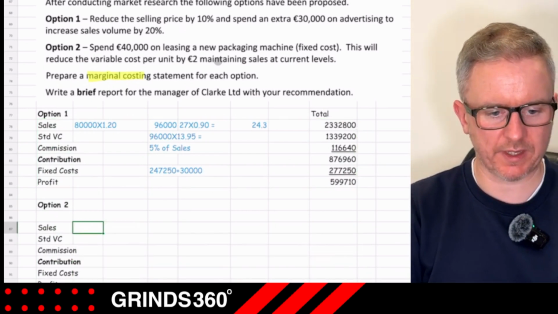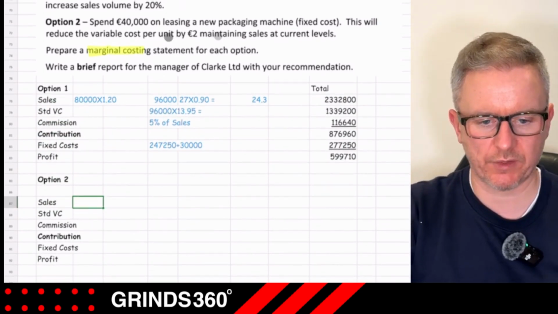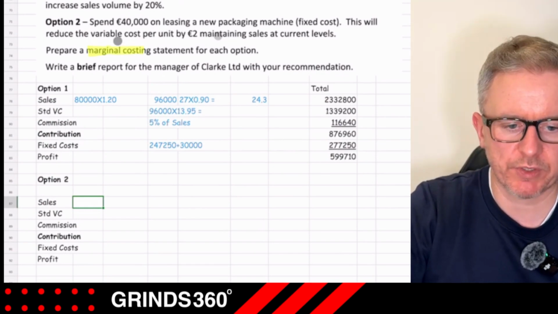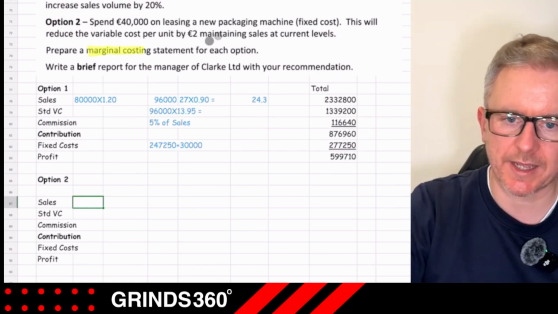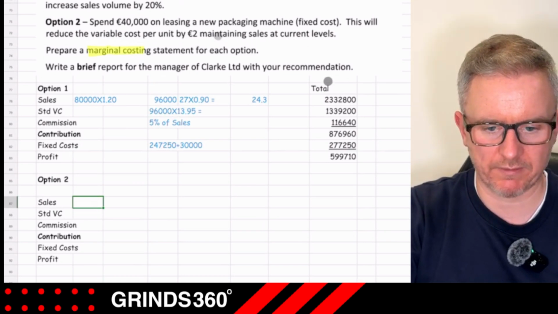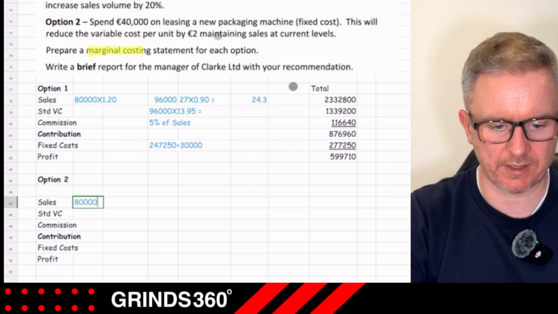So your sales, what's happening now? They're telling you to spend €40,000 on leasing a new packaging machine, so that's a fixed cost. This will reduce the variable cost per unit. So the standard variable cost has changed this time, maintaining sales at current levels. So nothing is happening to my selling price. I am still using 80,000 units.